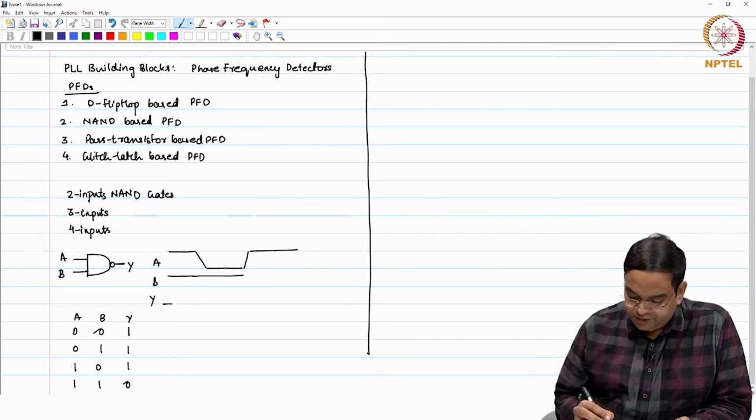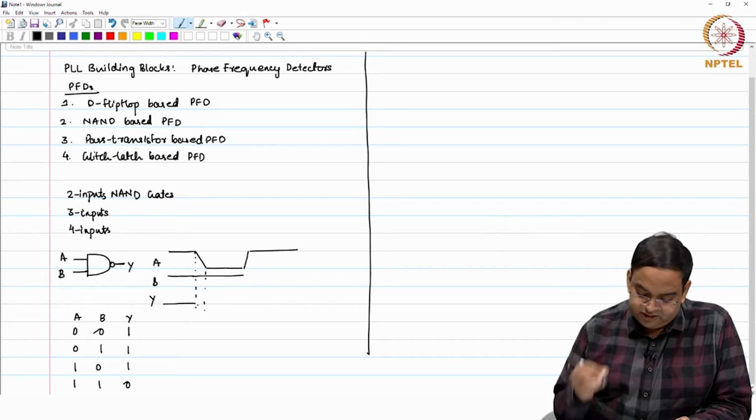So, the output was 0, and after some time when you make a transition at A, A becomes 0 and B is equal to 1. So, after some time your Y will become 1.